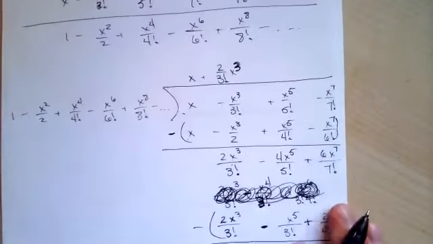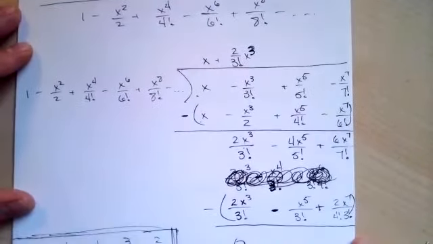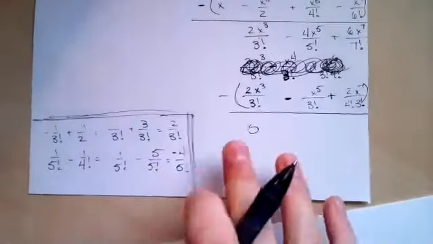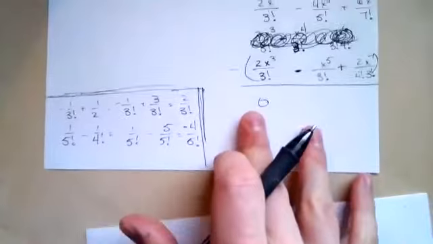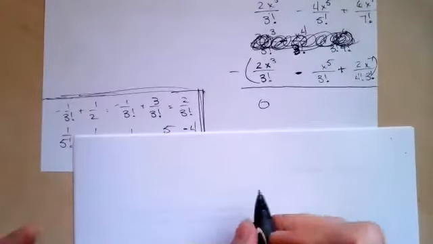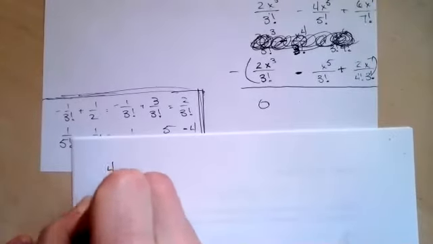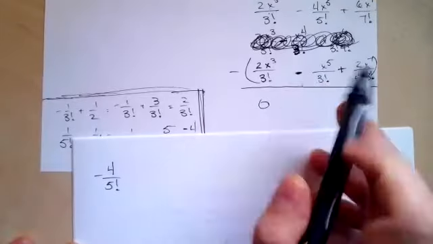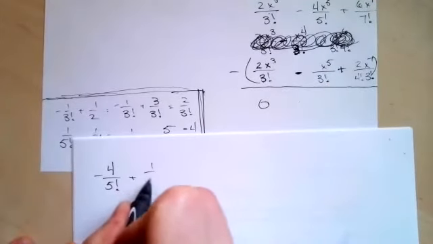What's going to remain here? Let's pull up some scratch paper. Let me try to get this all on screen here, just while we work out these coefficients. So we've got 4 over 5 factorial, negative. This term will be positive 1 over 3 factorial.